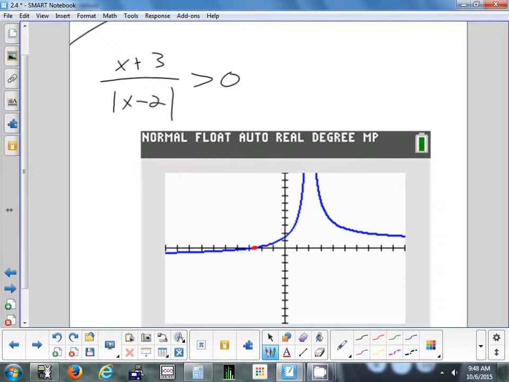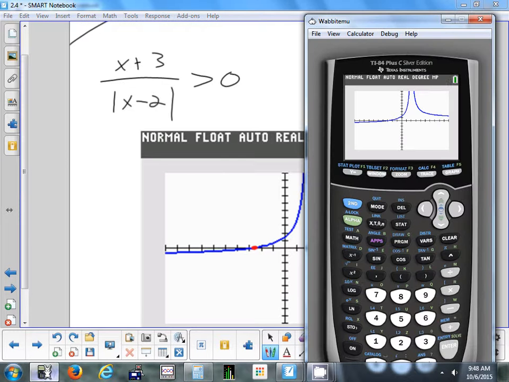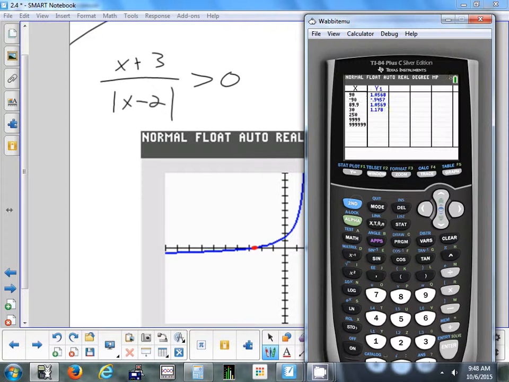Actually, -2 I think is okay. That's right on the graph. Yeah, +2. What's happening at +2? Let's look at it on the table. Error. Why can't I use +2? What's going on there? It's divided by 0.